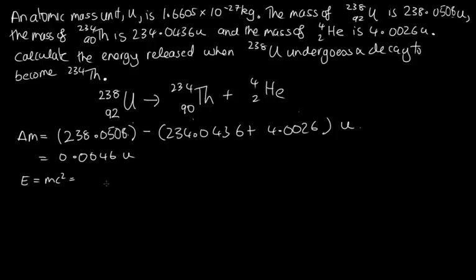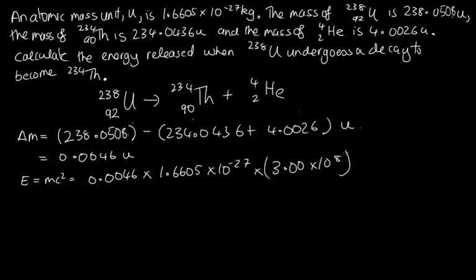So this is equal to 0.0046, and now let's get the mass into kilograms. So we multiply this by 1.6605 times 10 to the minus 27 kilograms, and then times c squared, so 3.00 times 10 to the 8, all squared. And this gives us 6.87 times 10 to the minus 13 joules.